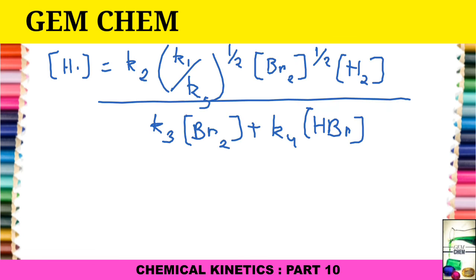Now we have obtained the value of H dot as well as Br dot. So we can find out the value of dHBr by dt.